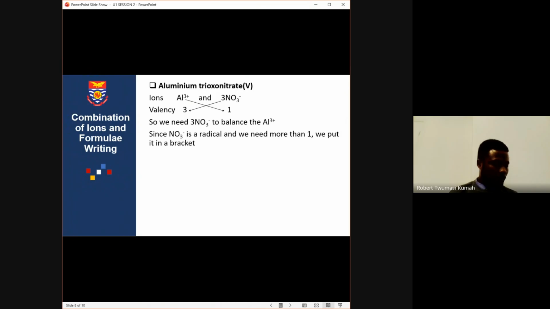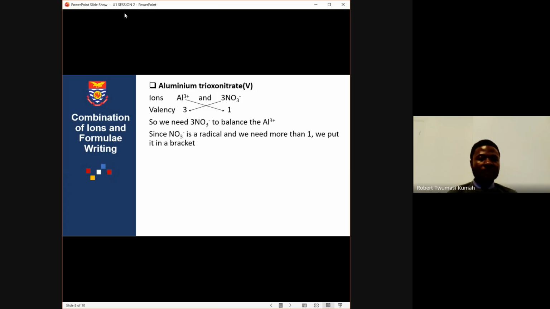So we've got aluminium trioxonitrate 5, and we want to write the formula for it. So at this point, we have a radical there. We should know the ions we are going to write. We have aluminium as the cation, and we write the cation first, or we write the metal first before we write the non-metal.